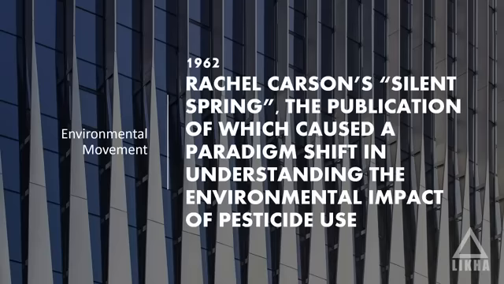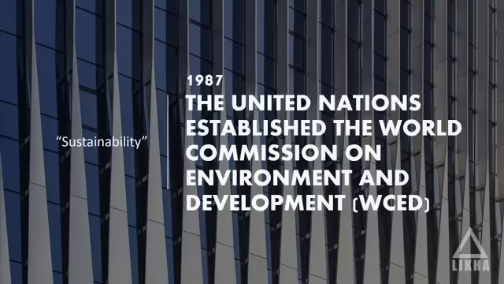Essentially, it started in 1962 with the environmental impact of pesticides. And furthering on, in 1987, the term sustainability was used in the World Commission on Environment and Development. This was the first time sustainability was used.